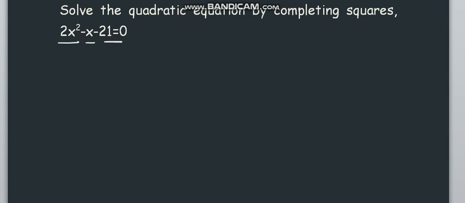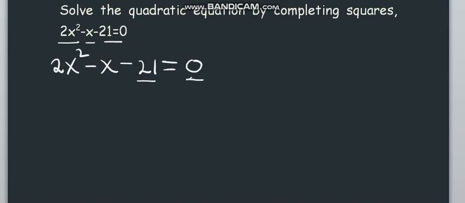As part of the solution, we shall say 2x squared minus x minus 21 shall be equal to what? 0. Now we shall get this, we put it this side, because it doesn't have an x. Is that okay? So we shall have 2x squared minus x is equal to 21.